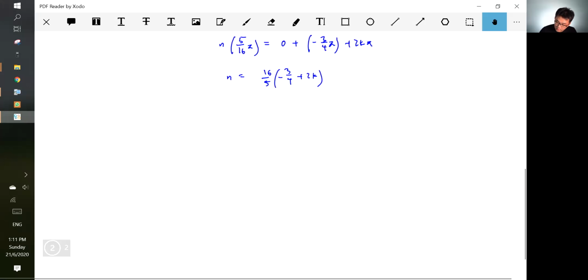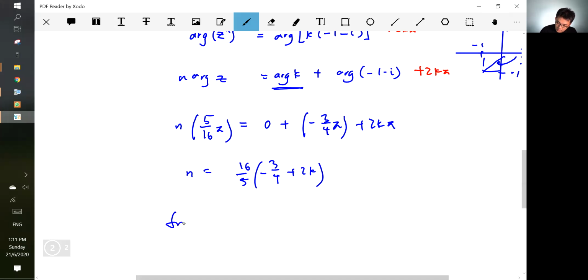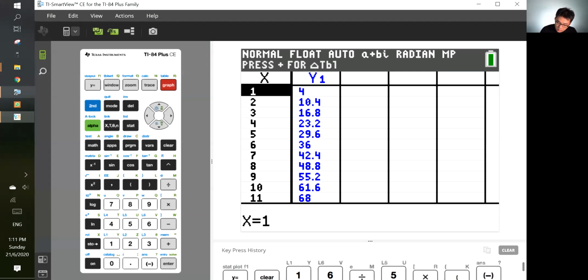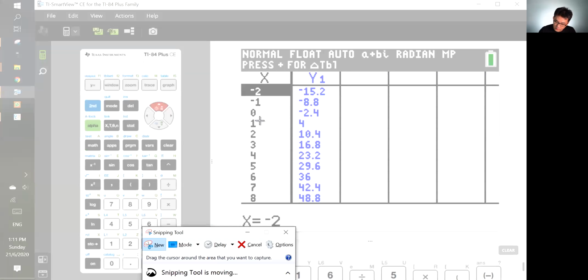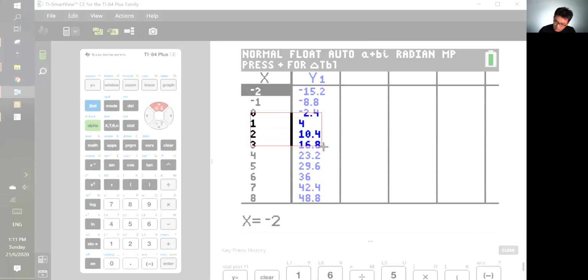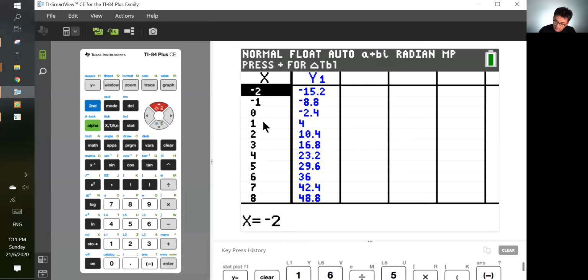The smallest positive integer n. So from the GC, the smallest positive integer is 4. Or you can just do it by inspection. Inspection also can.